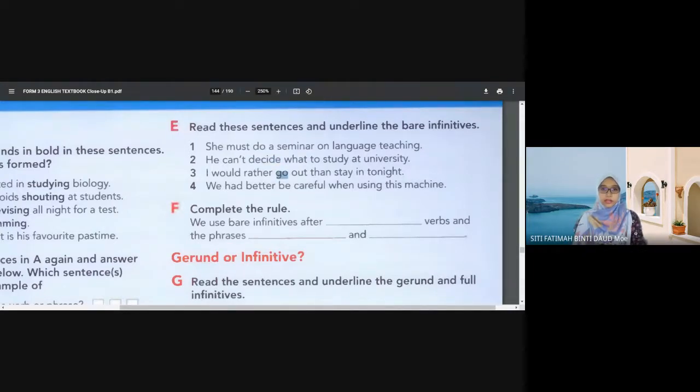So the word is go. We had better be careful when using this machine. So we had better be. Okay, so be is a bare infinitive. Okay, so after all these verbs, must, cannot, would rather, had better, everything must go back to infinitive. Decide, do. Okay, no addition.